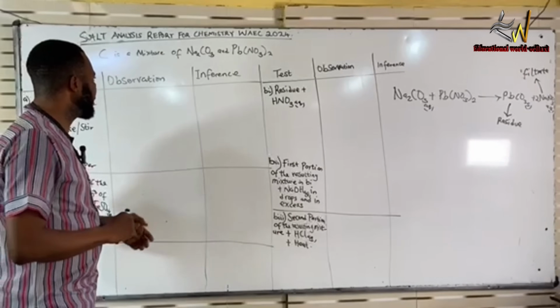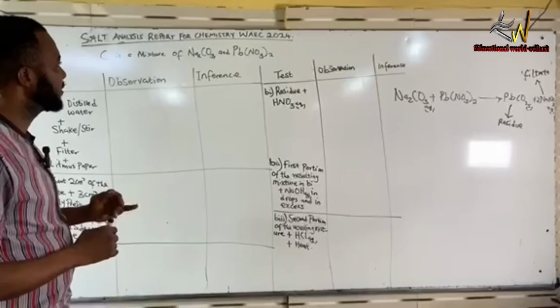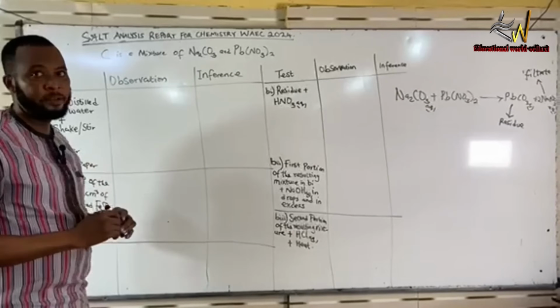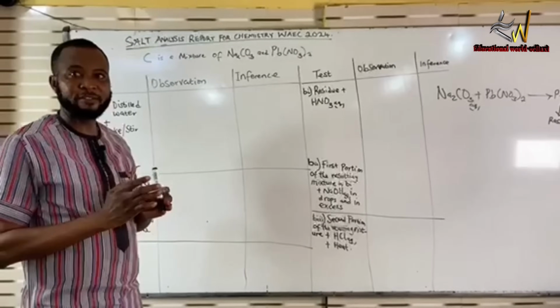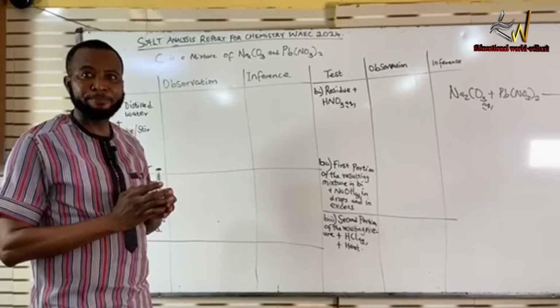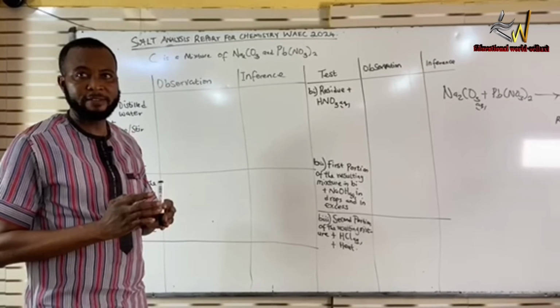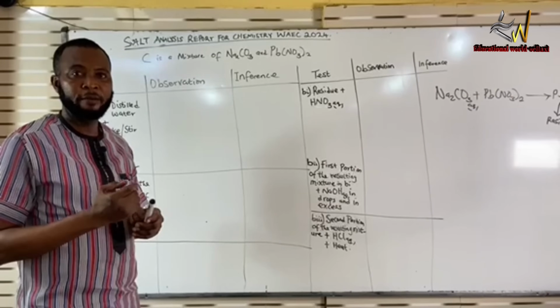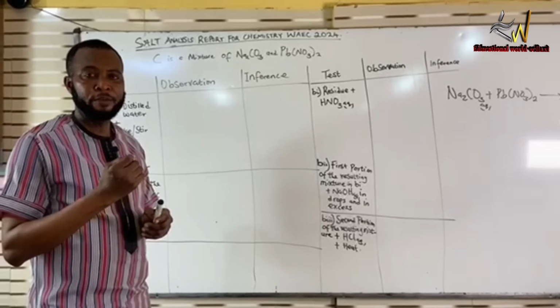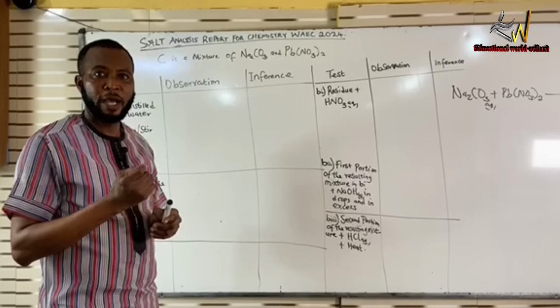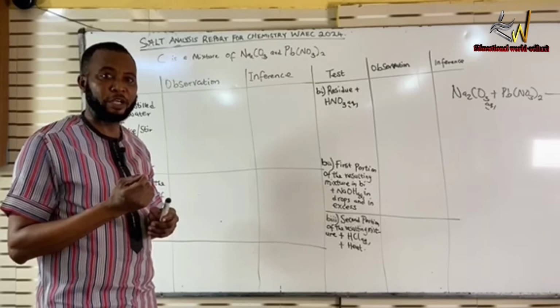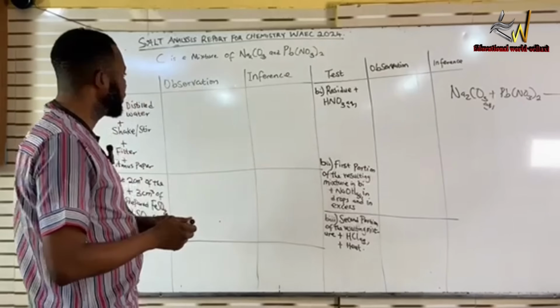No. The observation you will give here is that the two salts of the mixture C react to give a white precipitate. Then your inference will be that C is a mixture of two soluble salts, and the reaction is a precipitation reaction or a double decomposition reaction.